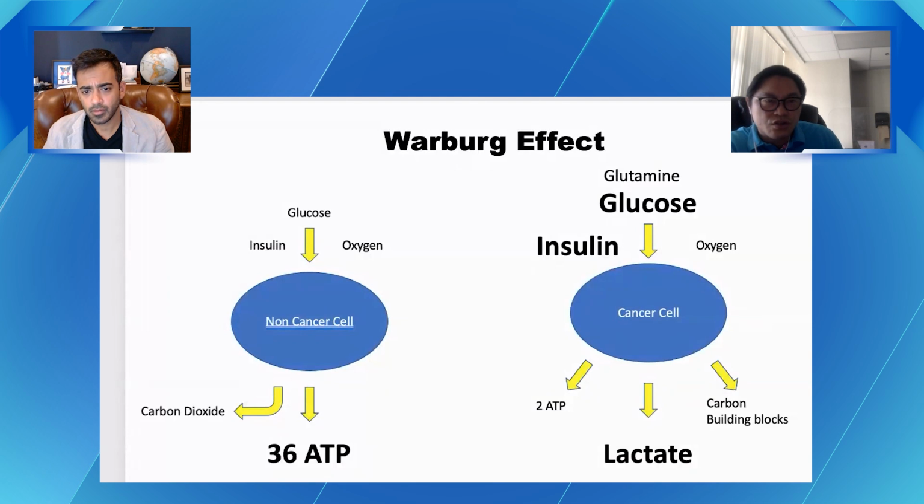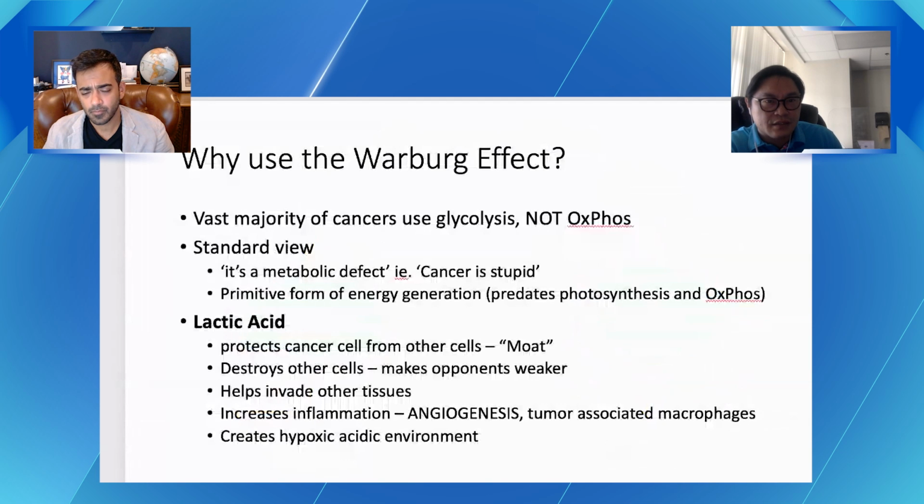The traditional way of thinking about this Warburg effect is that this is just a defect, right? The vast majority of cancers use glycolysis and have this Warburg effect, and the standard view is that it's some kind of metabolic defect. That is, cancer is stupid, right?